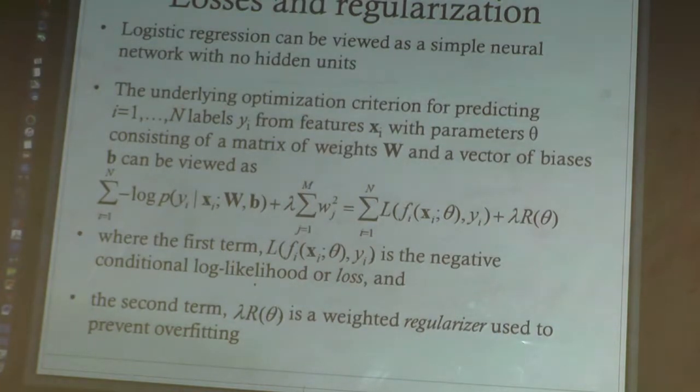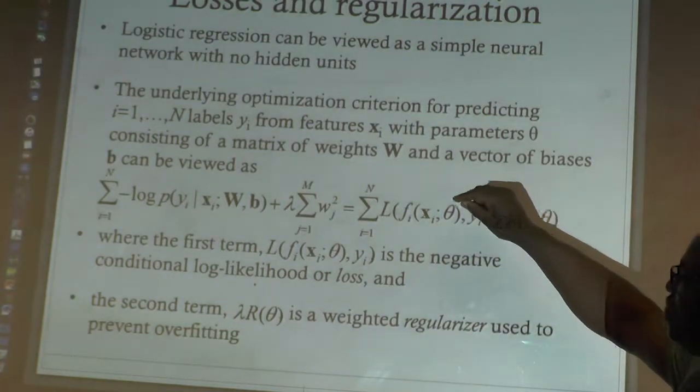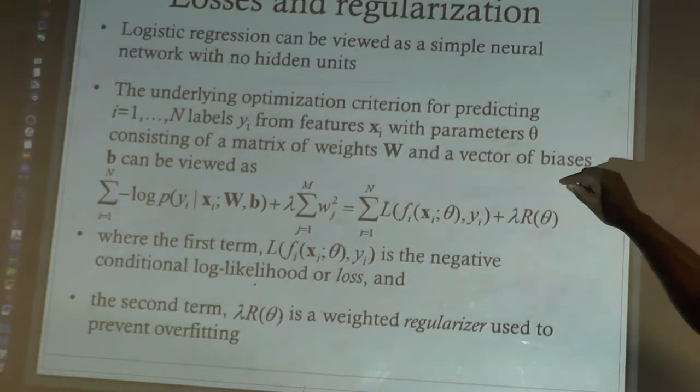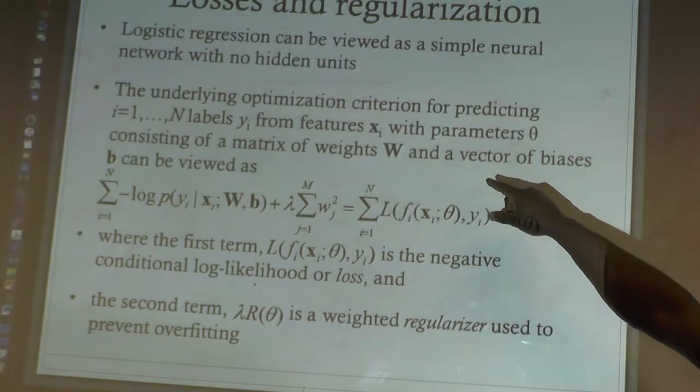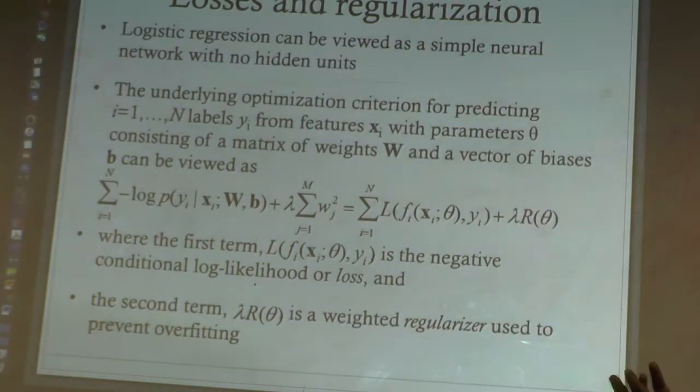Okay? Now, we have to have an underlying optimization criteria that allow us to be able to actually label the features. Labeling means that when I look at a feature, it has a prediction, which we call the answer.